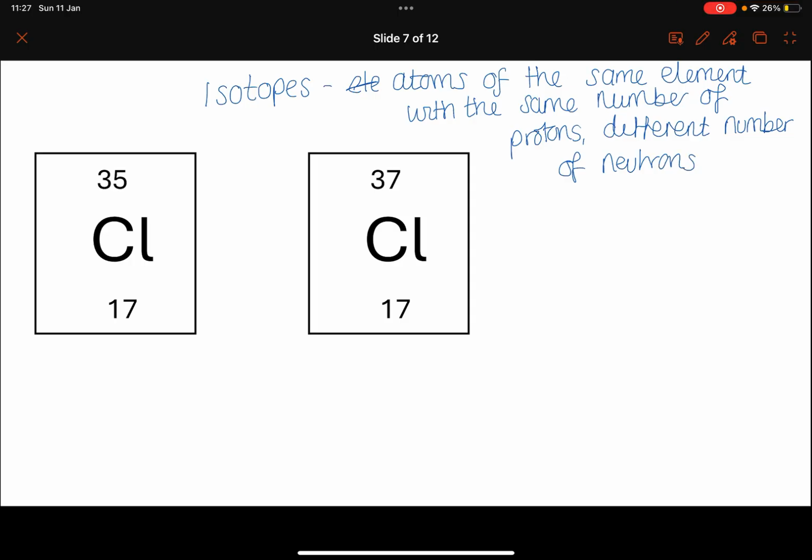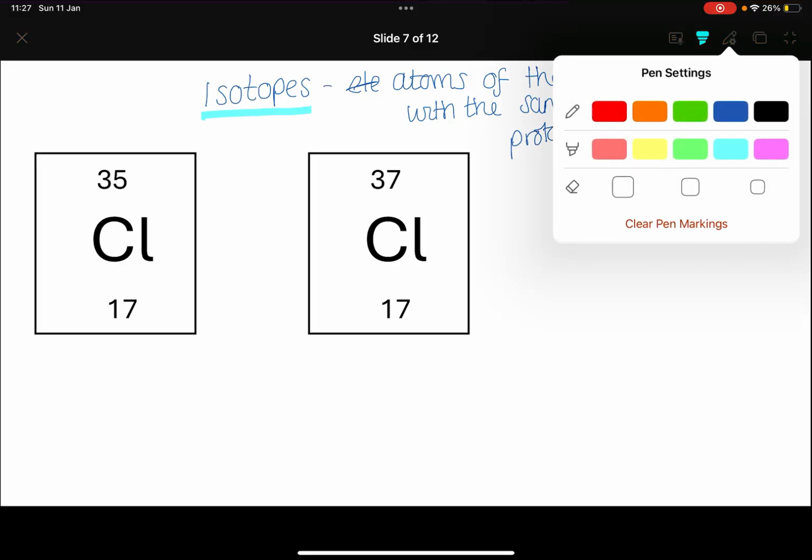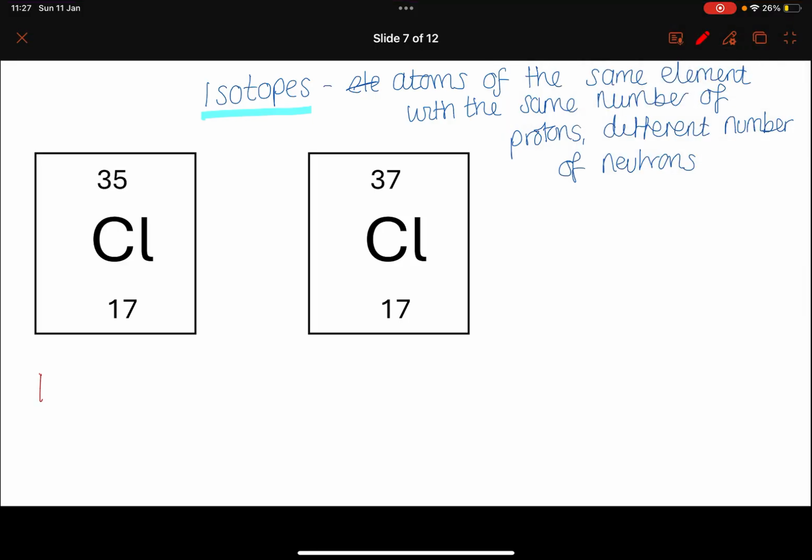So isotopes, same number of protons, so that's why it's the same element, because it's the proton number that defines the element. So they are the same element because they've got the same number of protons, but they have a different relative atomic mass. They've got a different number of neutrons. And if we work it out with these ones, just like we have been doing, bottom number for protons, so they've both got 17.